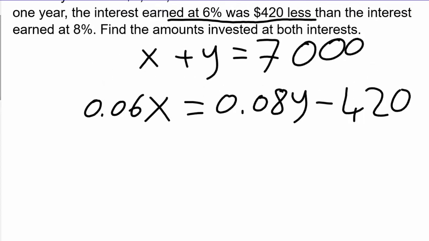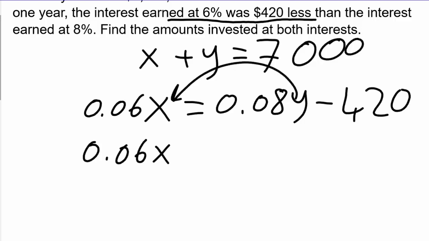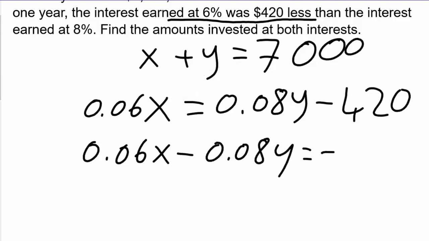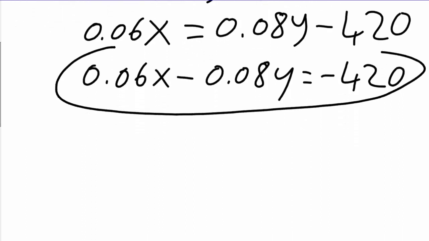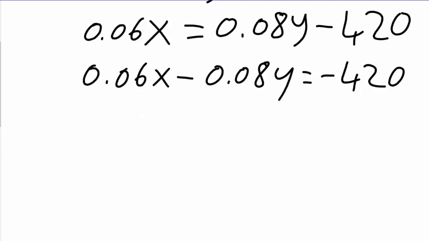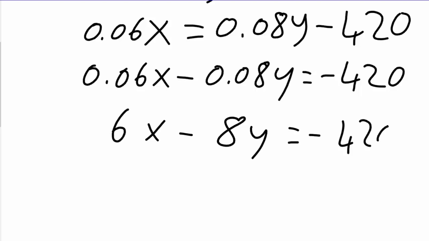So I'm gonna move y to the other side of the equation as negative 0.08y, so 0.06x minus 0.08y equals minus 420, and then I'm gonna multiply everything here by 100 to make sure I don't have decimals. So 100 times 0.06, 6x minus 8y equals 42,000.